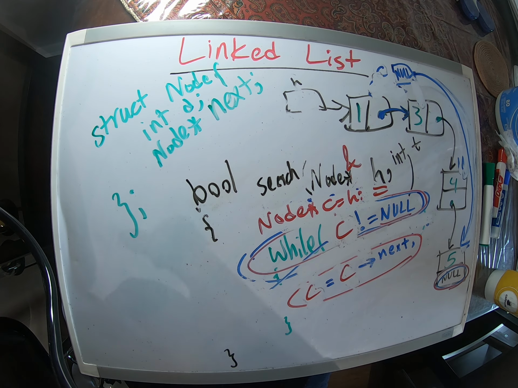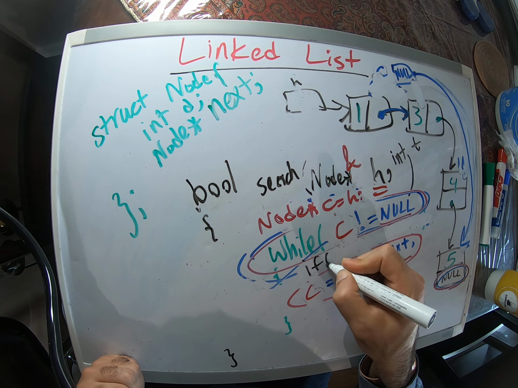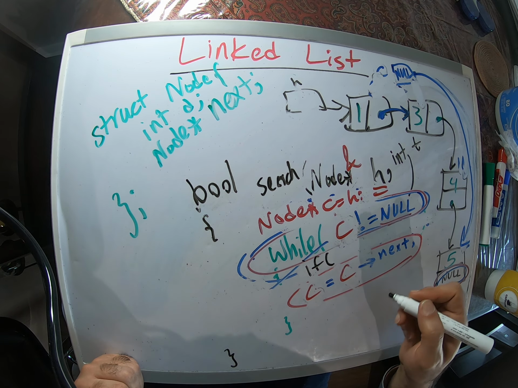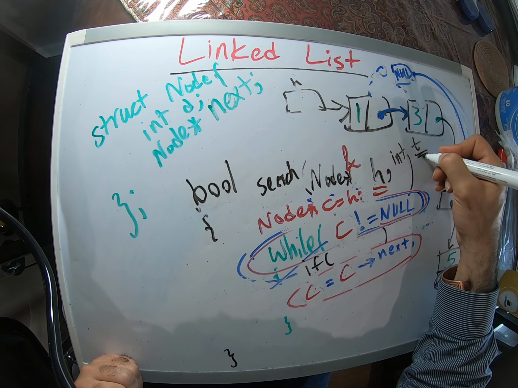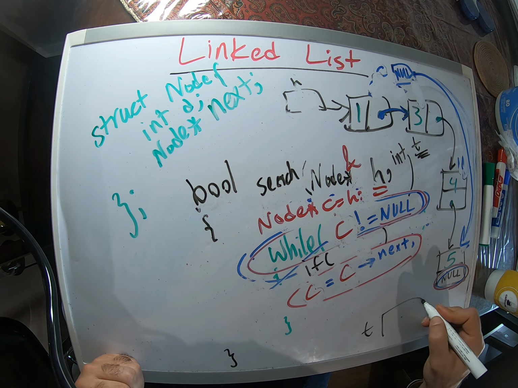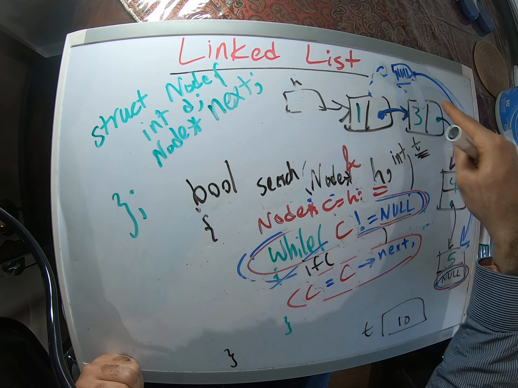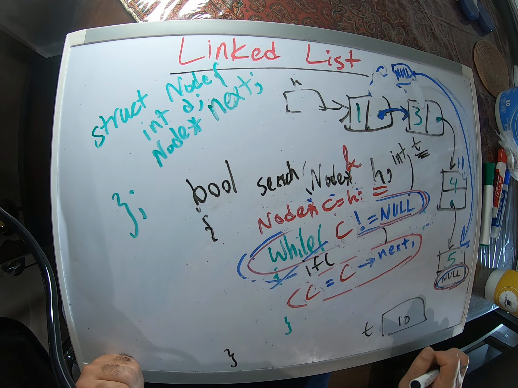If, what should the condition be? We are searching for this target. Let's say target is equal to 10 and we want to know if it exists in our linked list, right?